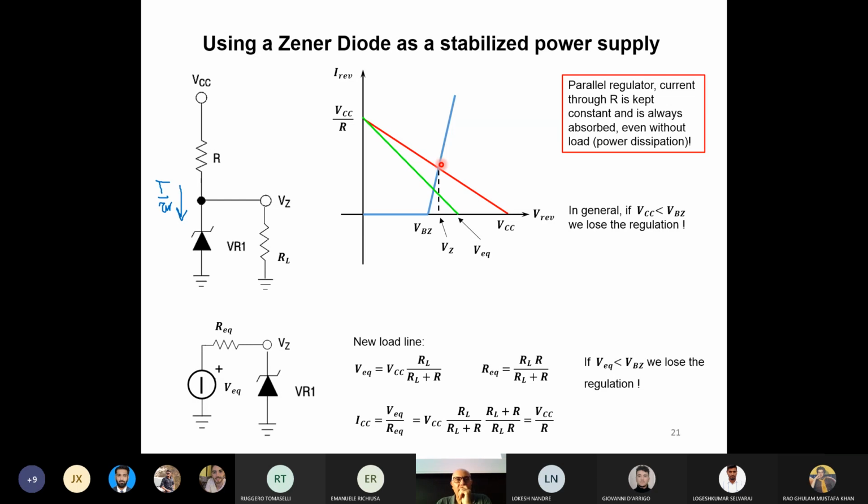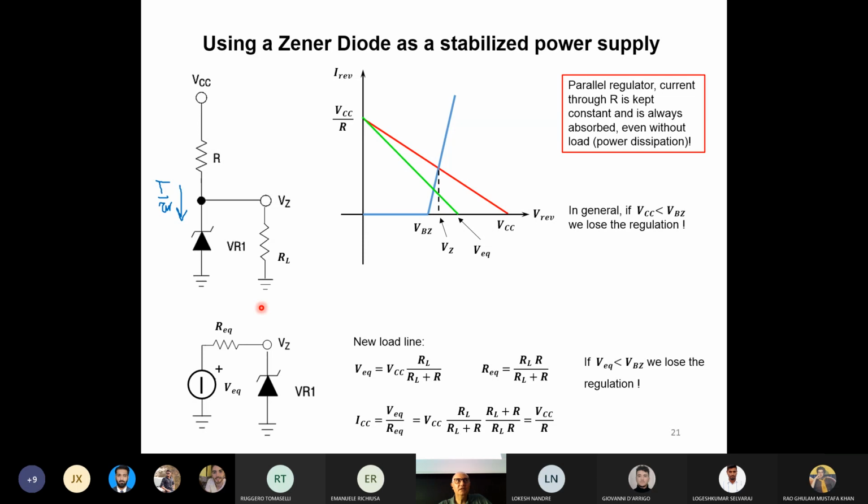Now I want to calculate what happens if I connect a resistance RL to the output of this circuit. There is a very simple way to calculate how things change if we connect a load resistance at the output.